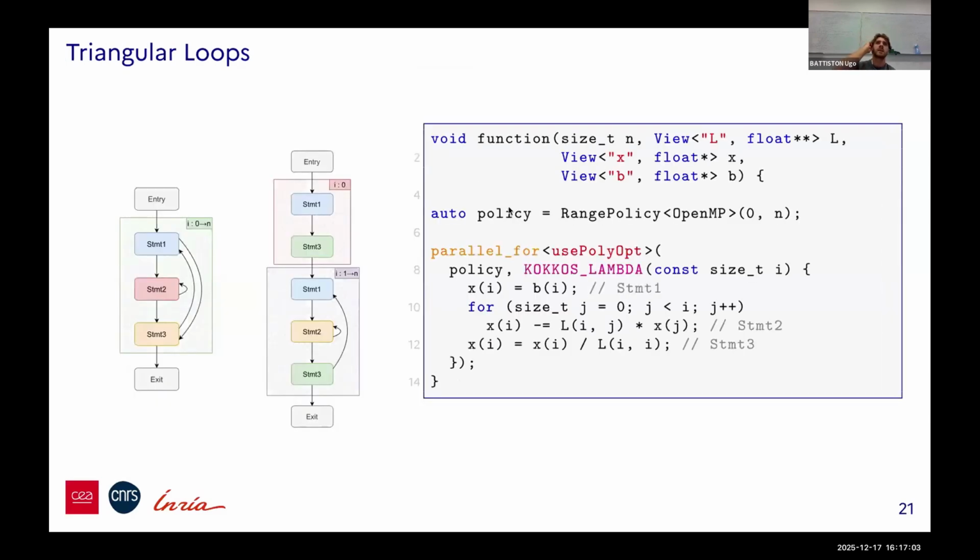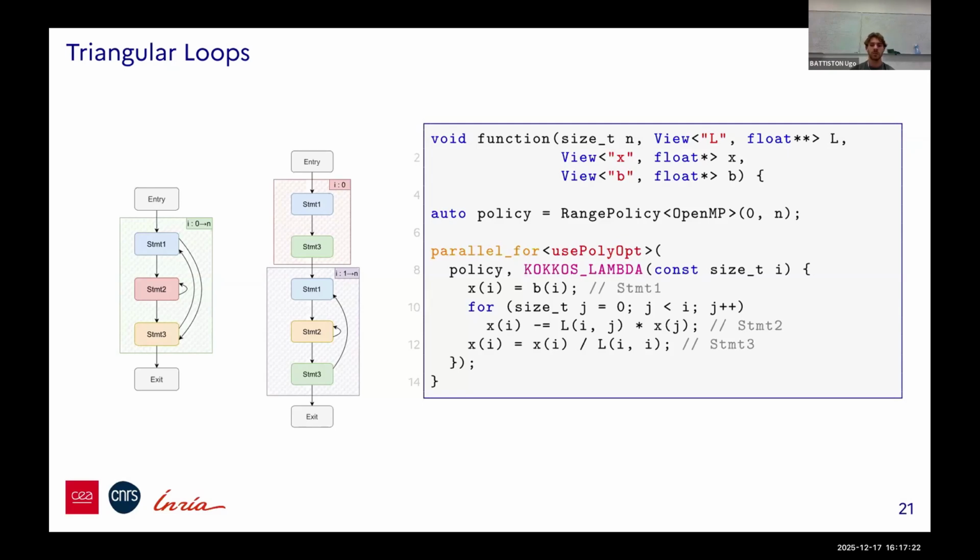Another complex case is triangular loops. In the code on the right, you can see parallel for on E, and inside you have a parallel loop for G with E in the loop bound condition.